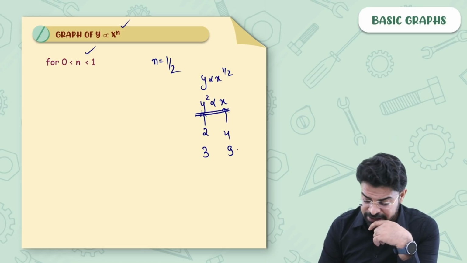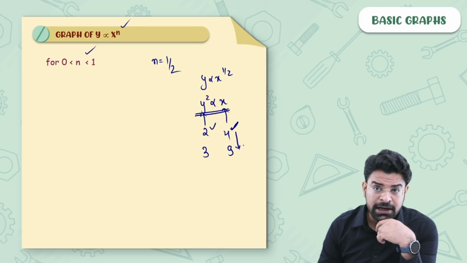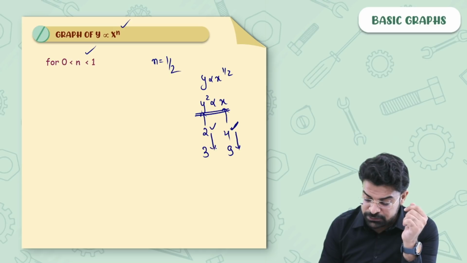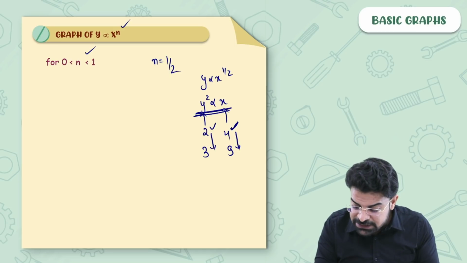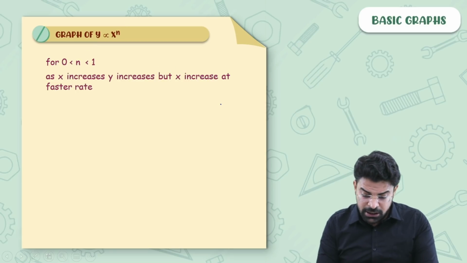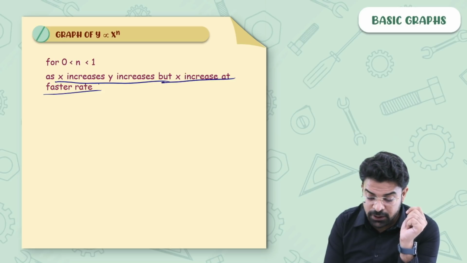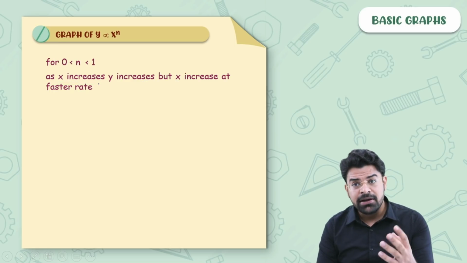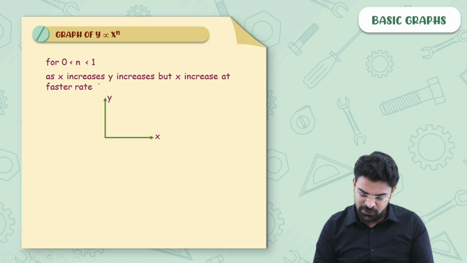So definitely, as x increases, y increases. x increases from 4 times to 9 times, y increases from 2 times to 3 times. As x increases, y increases, but in this case, x increases faster than y. As x increases at a faster rate compared to y, how will the xy graph look like?